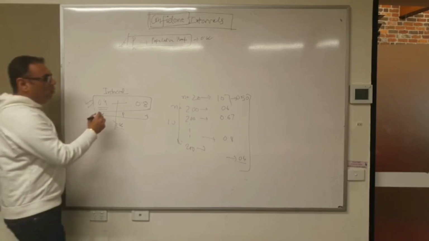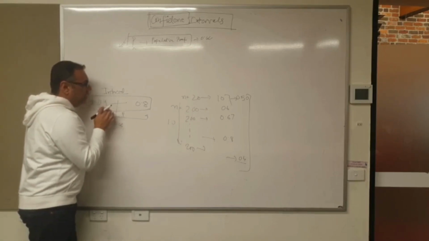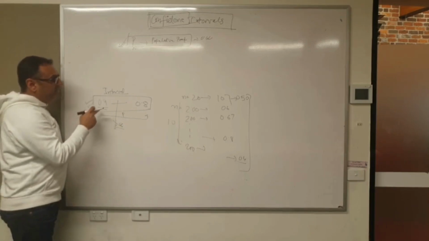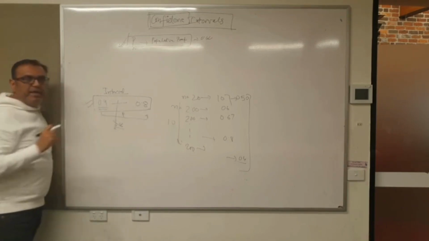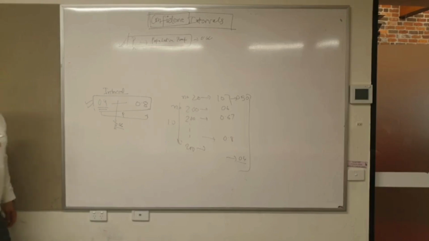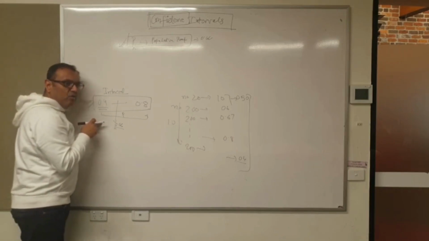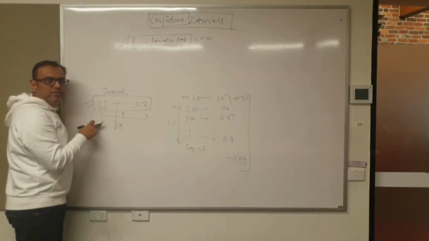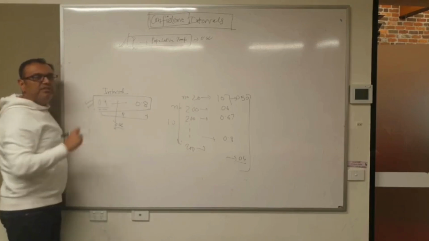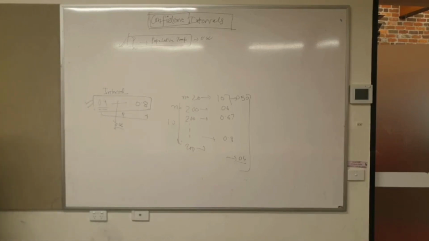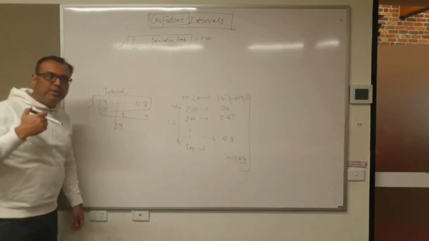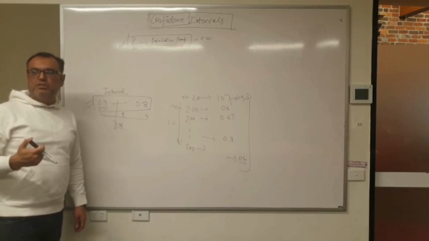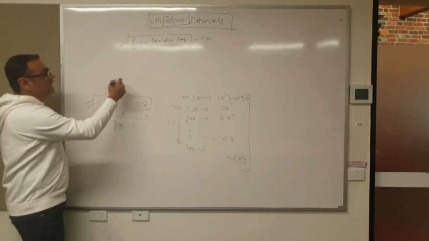Now, when I say that my interval is between 0.4 and 0.8, you can ask me how sure you are, how confident you are that that's the range. Are you 10% confident? Are you 20% confident? Are you 90% confident? So I need to tell a percentage.